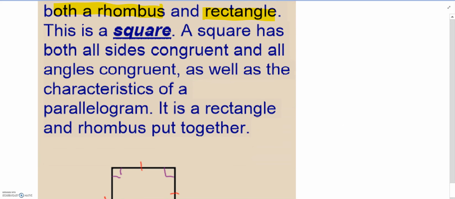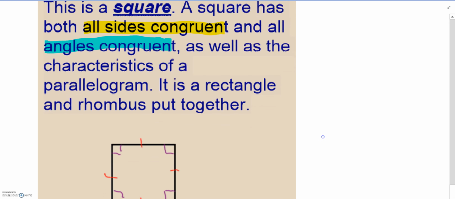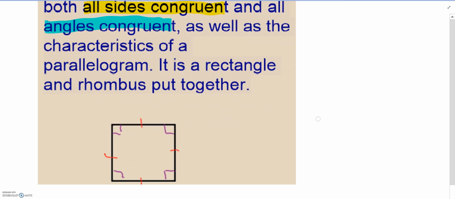So a square has all sides congruent, just like a rhombus, and it has all angles congruent, just like a rectangle, which means they're 90 degrees. So all the sides are congruent, all the angles are congruent, and they're right angles, and of course, opposite sides are going to be parallel because it's a type of parallelogram.